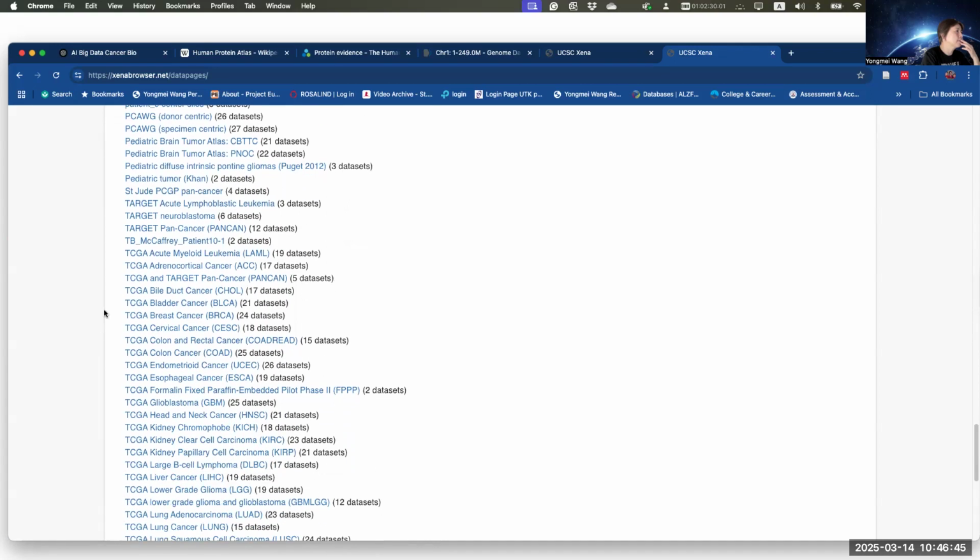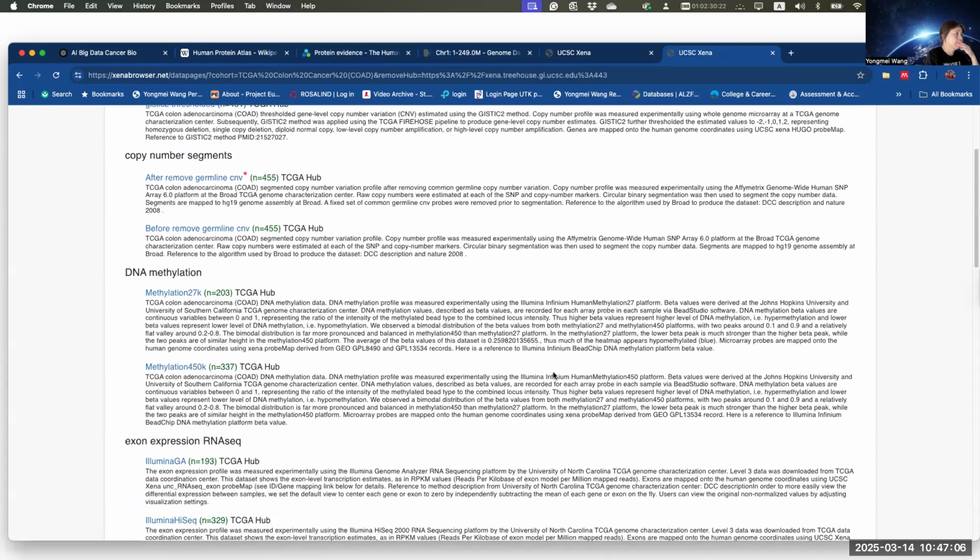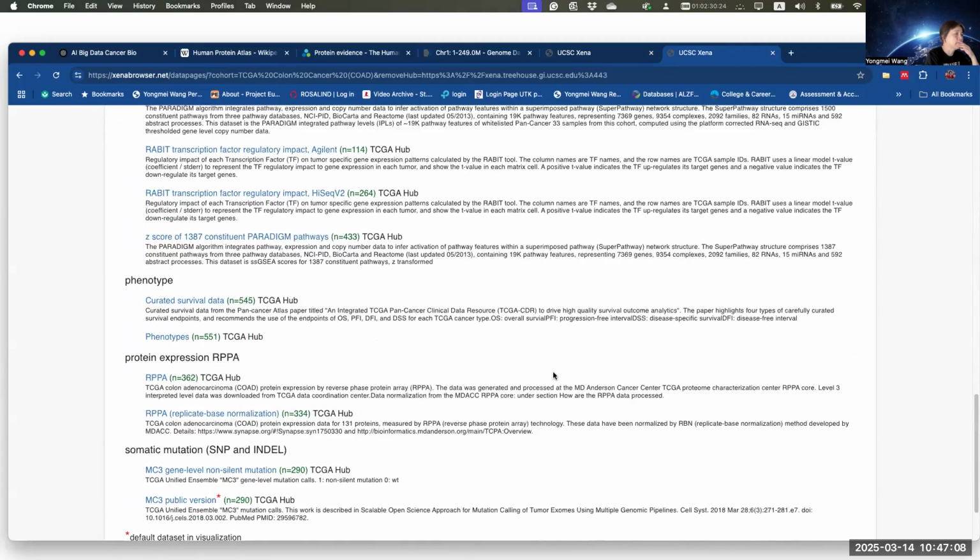TCGA colon cancer. That is the Cancer Genome Atlas study focused on colon cancer, and that defines that all of these samples are from patients with colon cancer. So you click this link and then you will see a lot of data here.